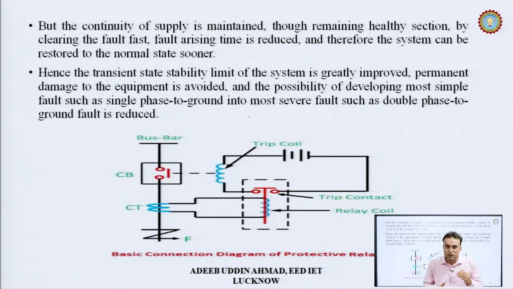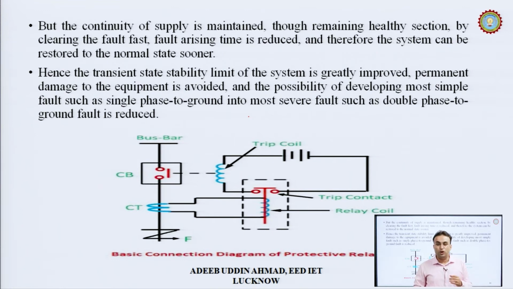Because the system is going to be prone to some transient condition, that is why we call it the transient stability of the system. So, the transient stability limit of the system is greatly improved, permanent damage of the equipment is avoided, because a high value of current for a longer time will damage the equipment, and most simple faults such as single phase to ground fault.